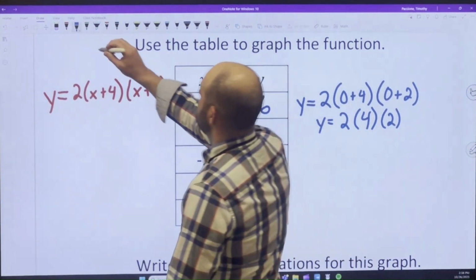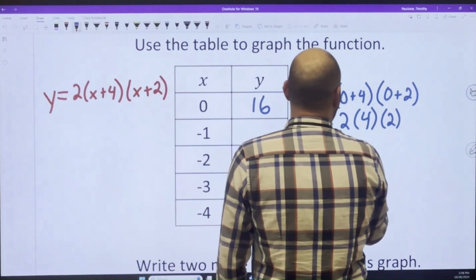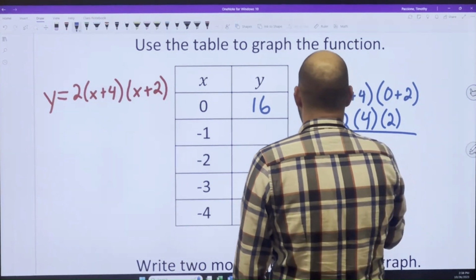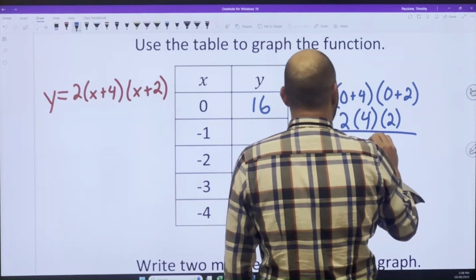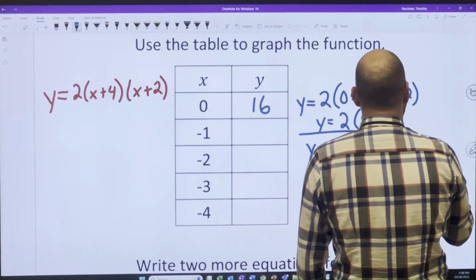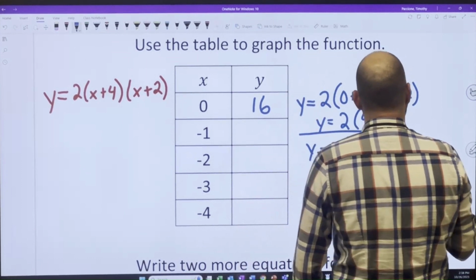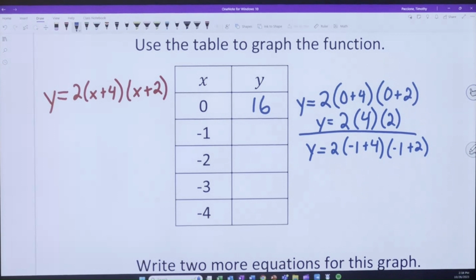Do another one. So you might then say, okay, let me go again. Y equals 2 times negative 1 plus 4 and negative 1 plus 2. Well, parentheses first.